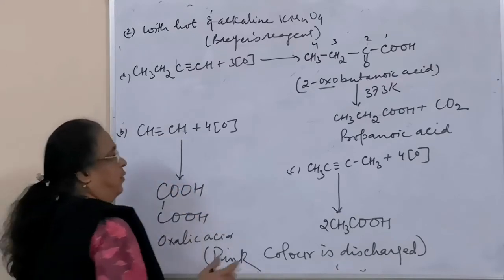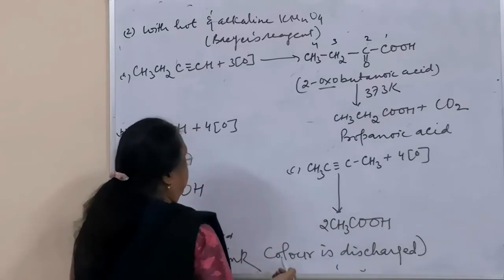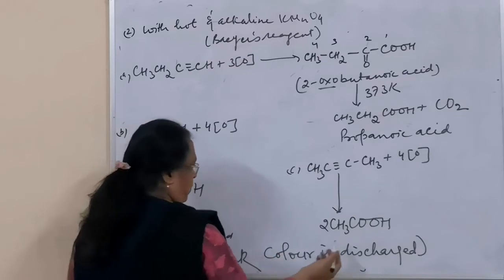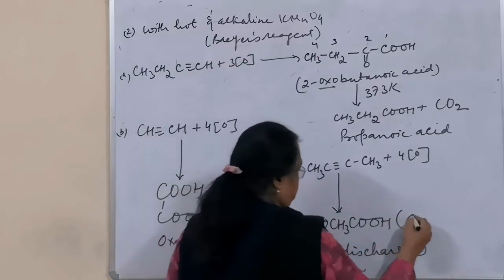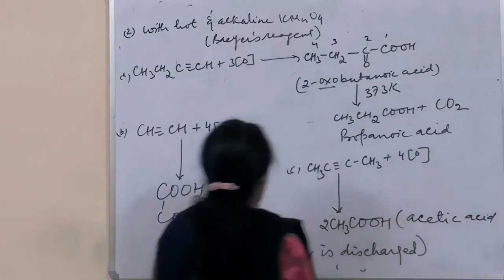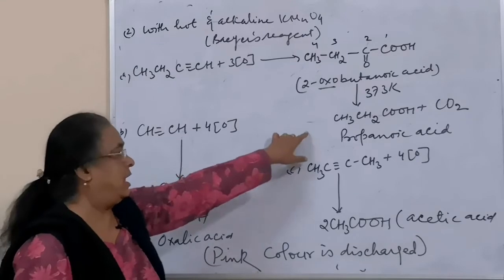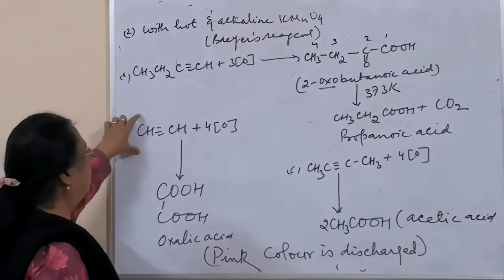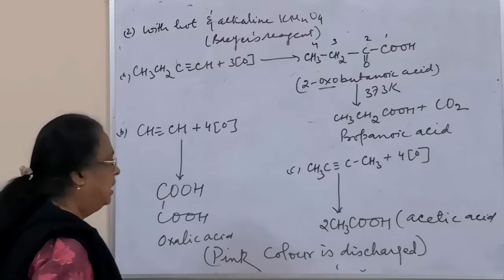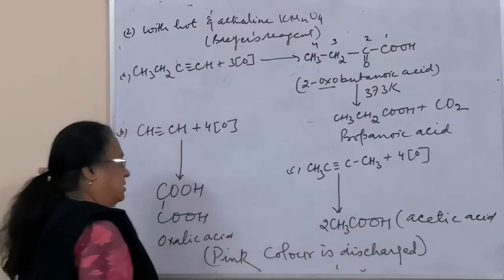And when we take a 4 carbon alkyne and treat it with hot and alkaline permanganate, we get acetic acid. So you should know this. What are the products obtained? For a higher alkyne, we get propanoic acid, and when we take acetylene, we get oxalic acid, and when a 4 carbon compound, we get acetic acid.